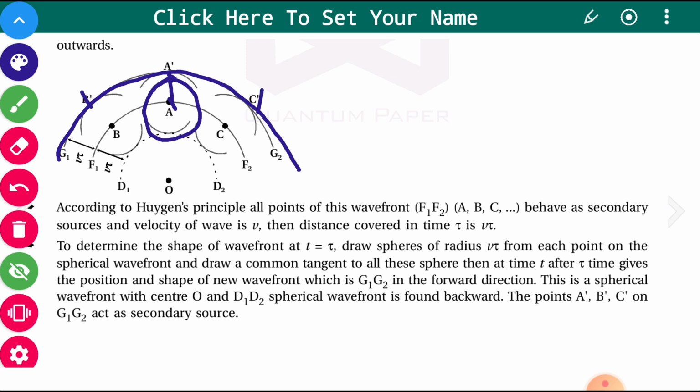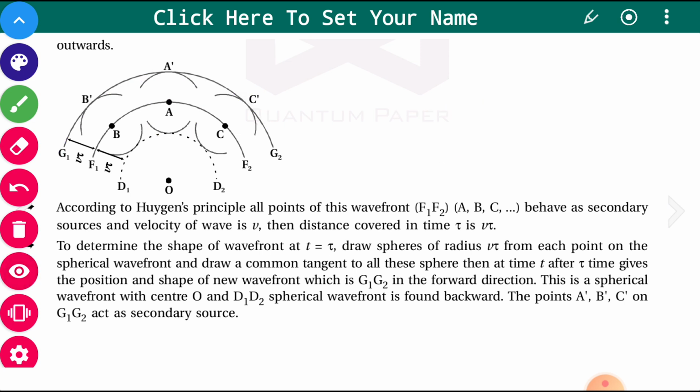Again, they will behave as secondary sources and produce new waves. This will give you the shape and position of the new wavefront after time tau.